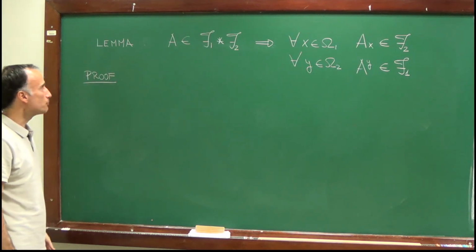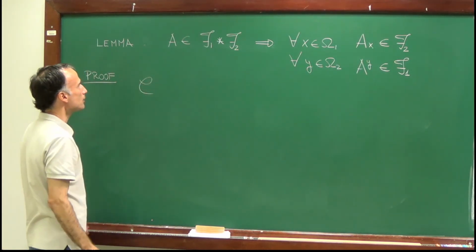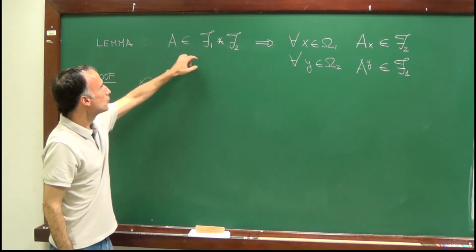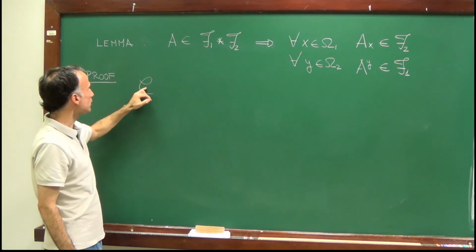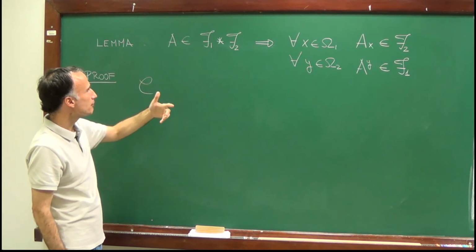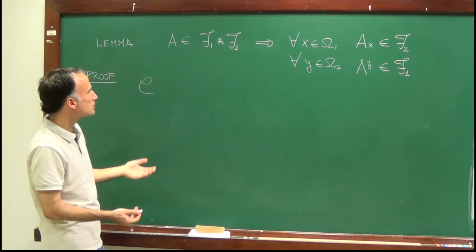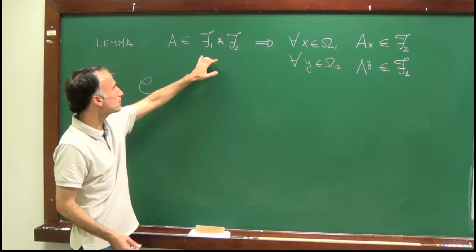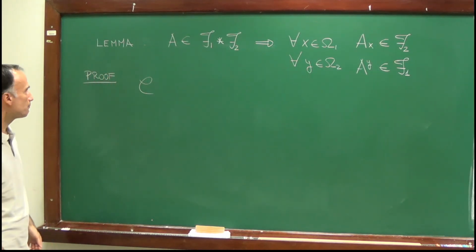How should I proceed? Well, I will define by C the class of sets which fulfill this property. I will show that this class contains the rectangles, that it is a sigma algebra, and therefore that it contains the smallest sigma algebra which contains the rectangles, which is the product sigma algebra.